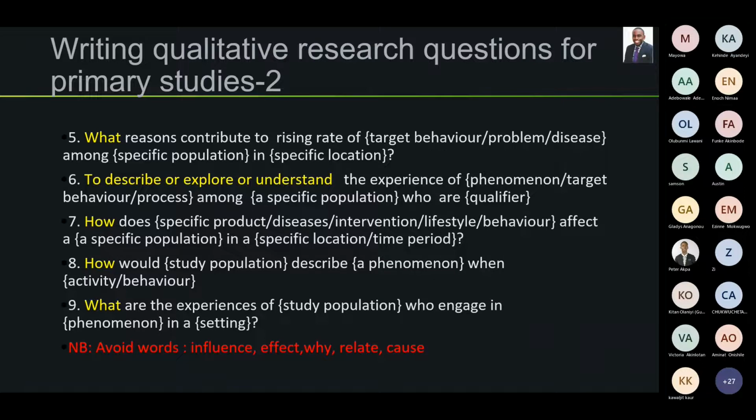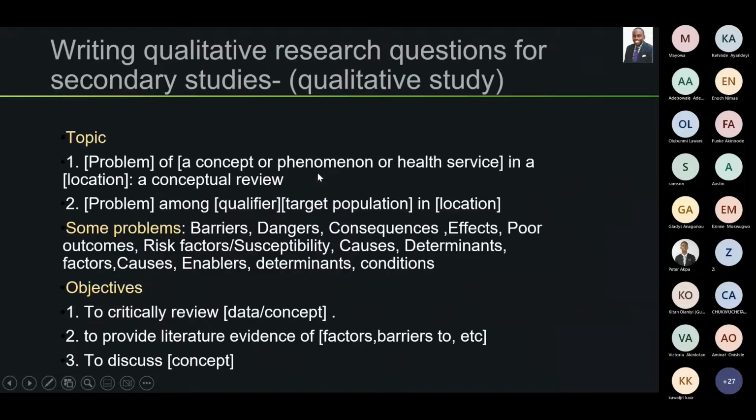Your study is more inclined towards a conceptual study, it is not primary in nature, so I will not waste time on that, but just know that in qualitative studies, the words that you use are something like what, how, to describe, to explore, to understand. These are some of the words that you can use in a qualitative study.